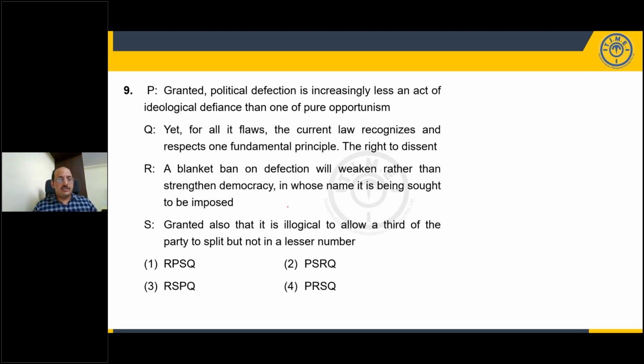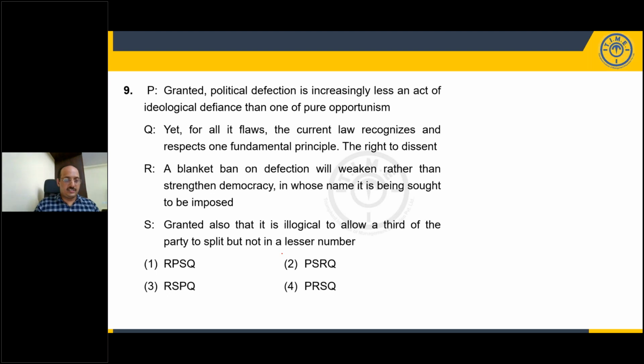A blanket ban on defection will weaken rather than strengthen democracy in whose name it is being sought to be imposed. So the author is saying that if we try to ban defection in all the ways, we'll weaken and not strengthen democracy. Granted also that it's illogical to allow a third of the party to split, but not in a lesser number. So it's also illogical that if we allow a third of the party to split.